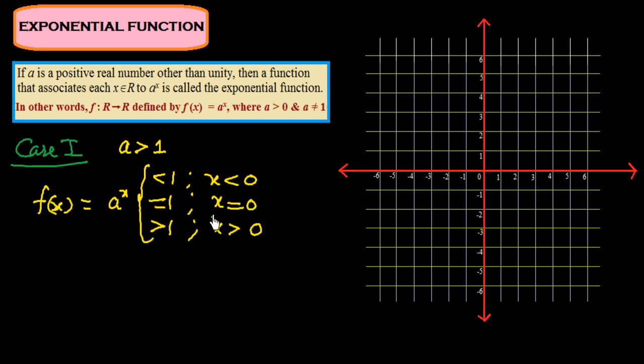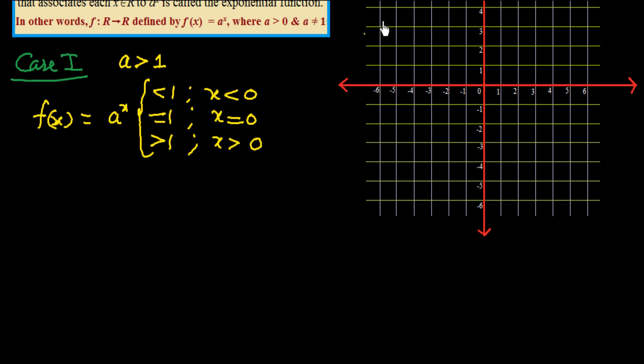So now I would like to explain this. If we observe this all with an example, I would like to show that if x is greater than 0, we are taking first this one, x is greater than 0 and a is greater than 1.